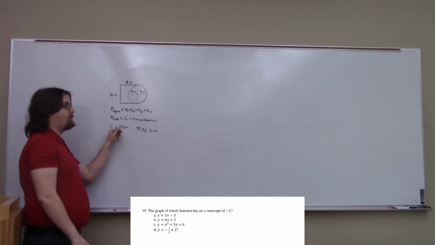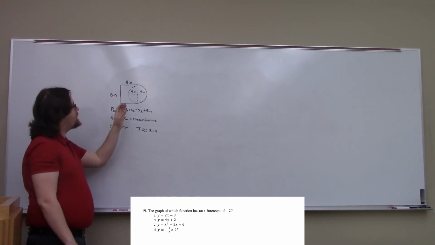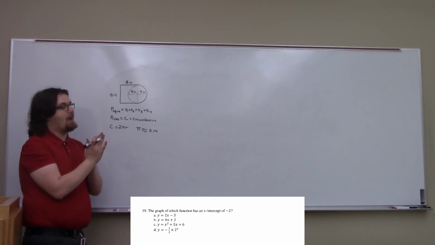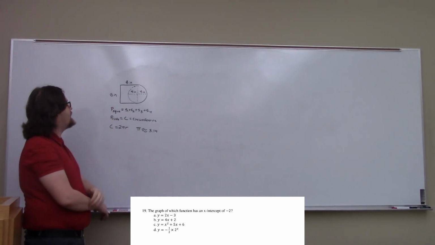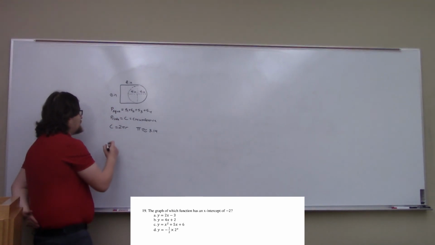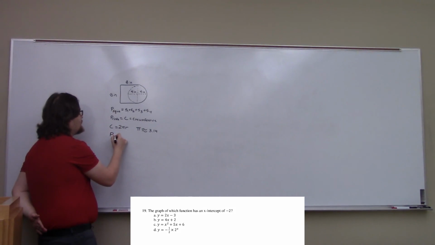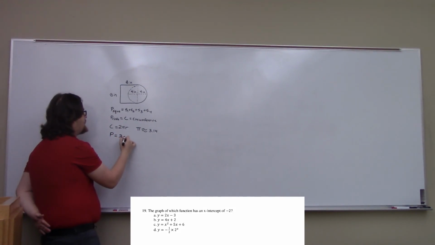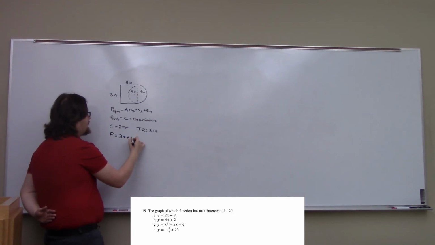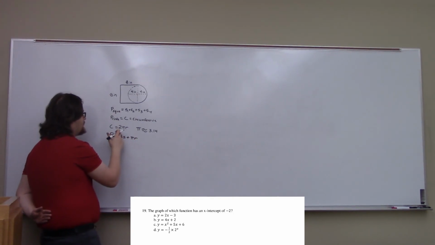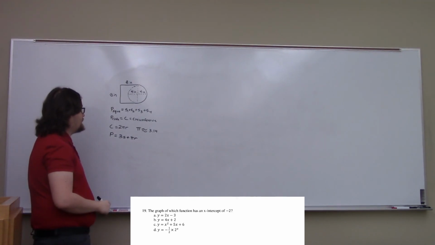Our circumference here, 2 pi r, gives us the perimeter of the entire circle, but we're only dealing with half of the circle, because half of it's inside. So the perimeter of the whole shape is 3 times s, because we've left off the one side, plus pi times r, because we've only taken half the circumference.